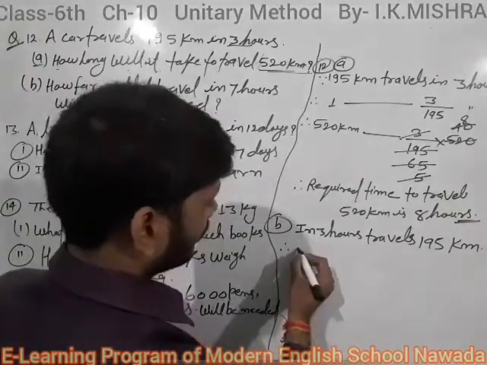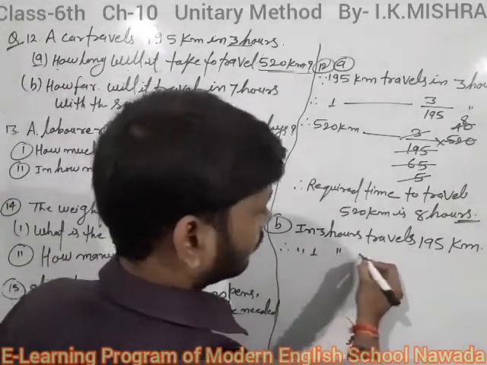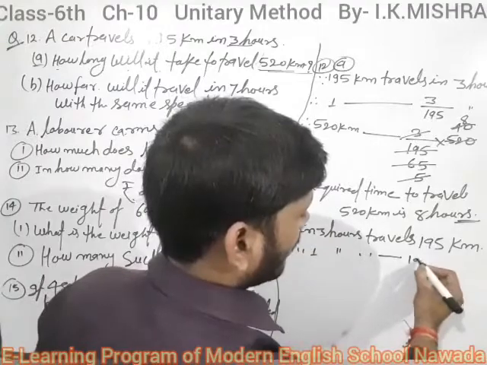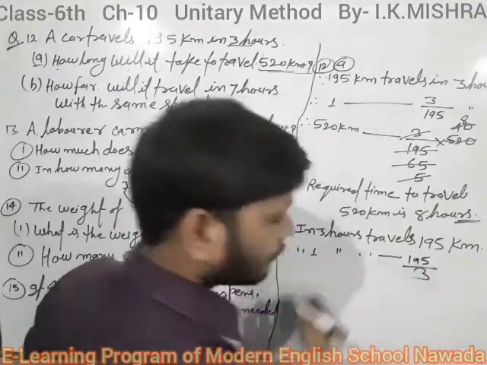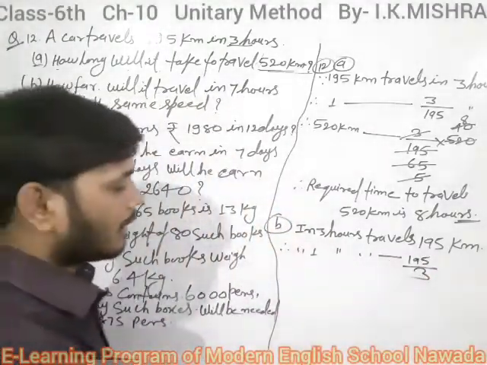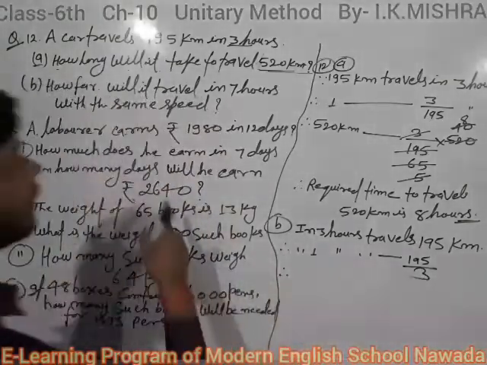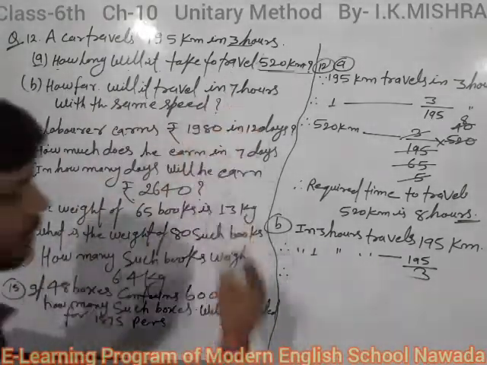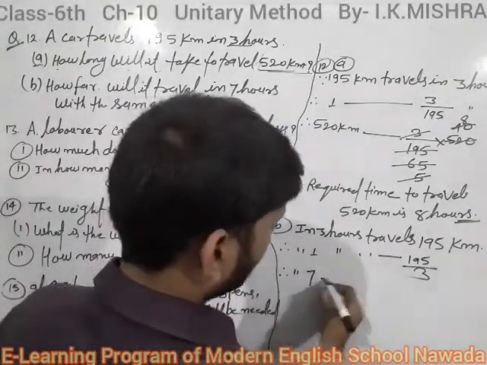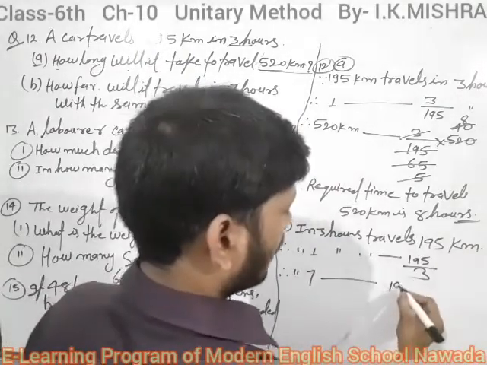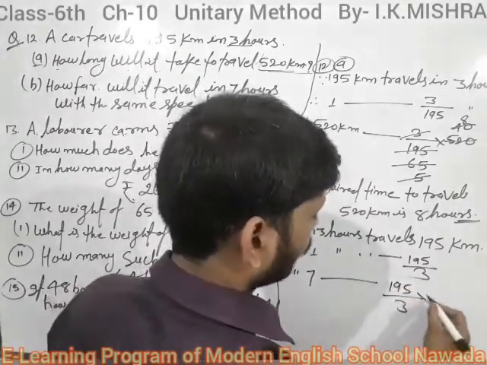So in 1 hour it travels 195 divided by 3. Clear? And now the requirement is 7 hours. That means in 7 hours it travels 195 by 3 into 7.